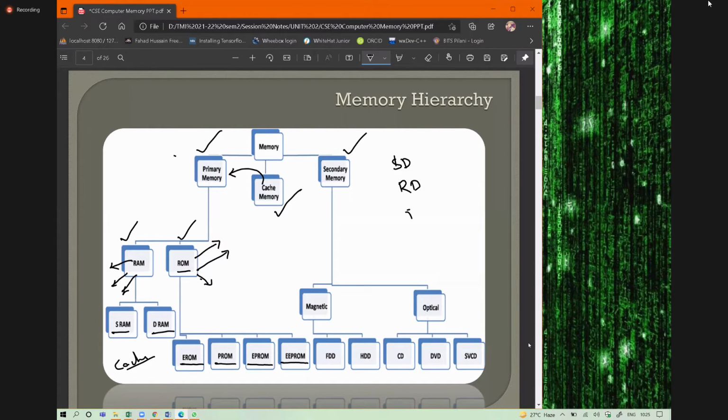Then we will be having DDR, DDR1, DDR2, DDR3, DDR4, double data rate random access memory. Then we are having SVGA RAM also, which is used in graphics cards. Now DDR5 is also there, which is used in graphics cards only, like NVIDIA graphics cards and all.